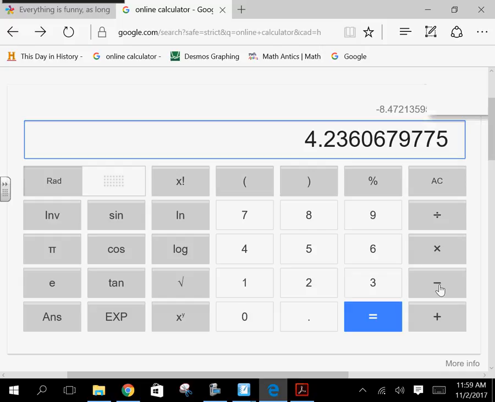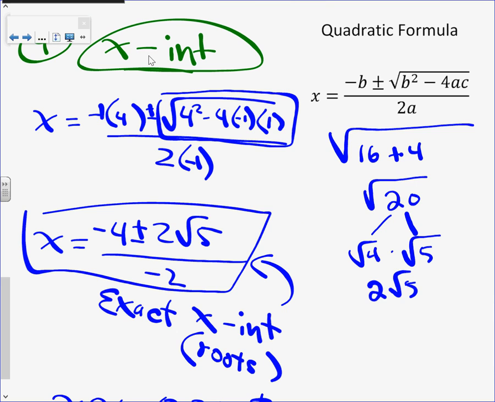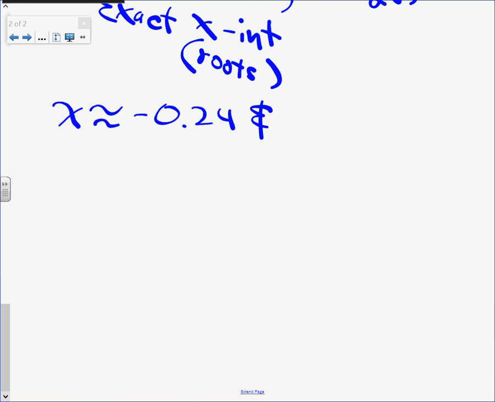This is 5 or bigger, so it's 4.24. So coming back over here, you're writing this with me? And look at this. So the first x-intercept is -0.24. And then the other one is, was it positive 4.24 or negative?